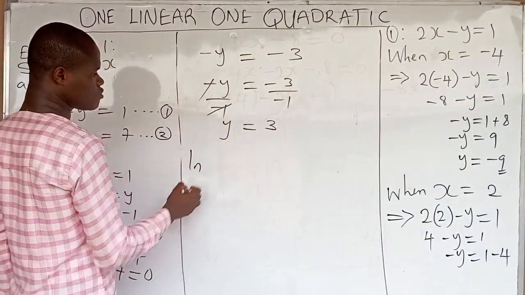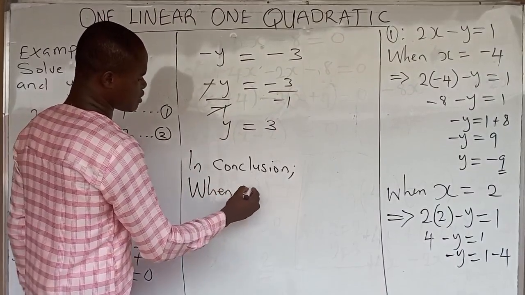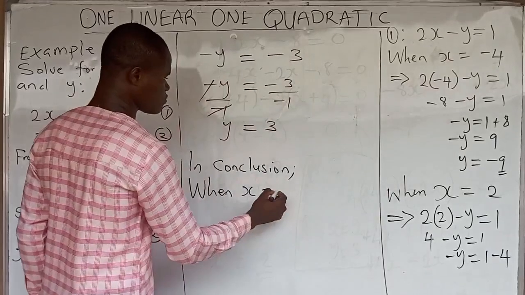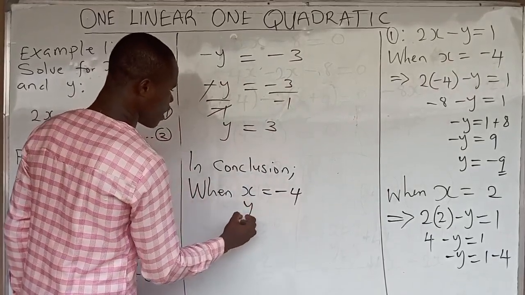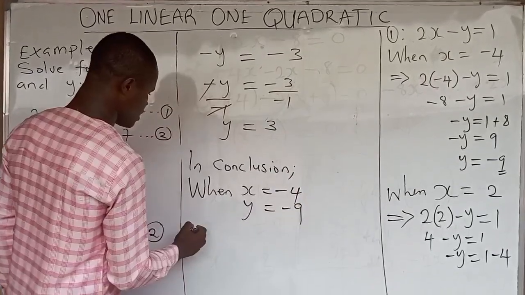So in conclusion, when s is equal to minus 4, y is equal to minus 9.